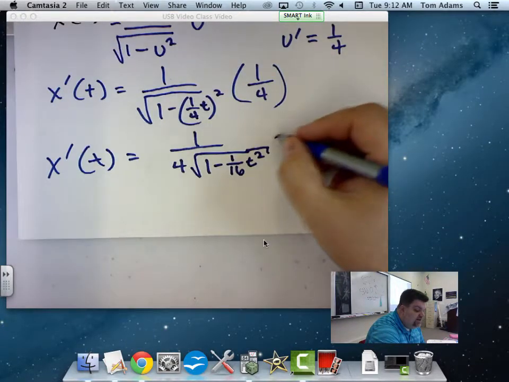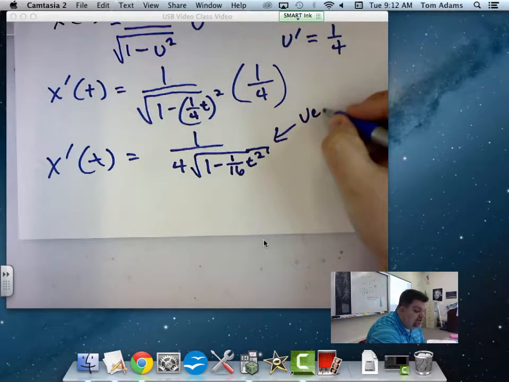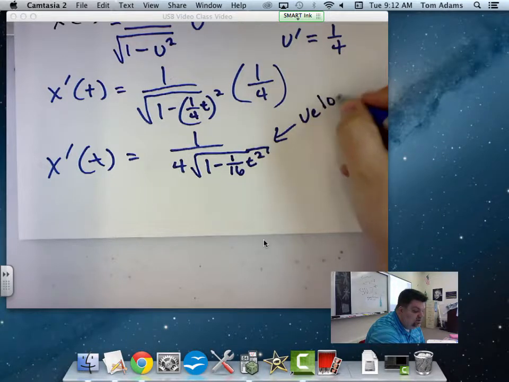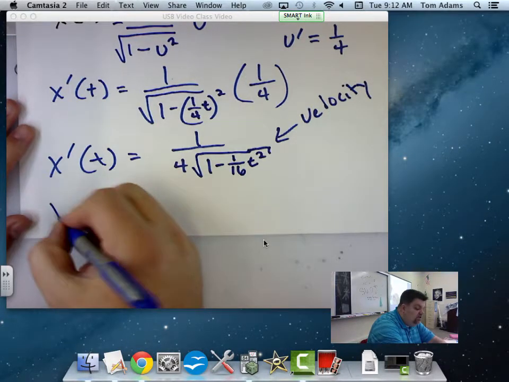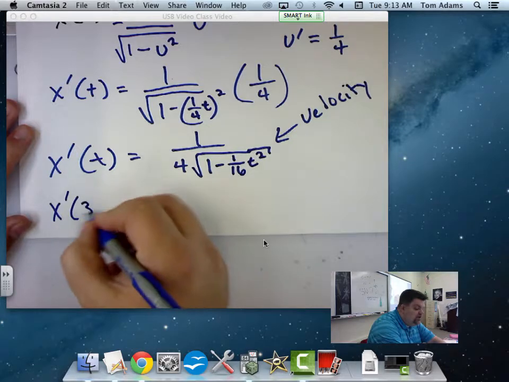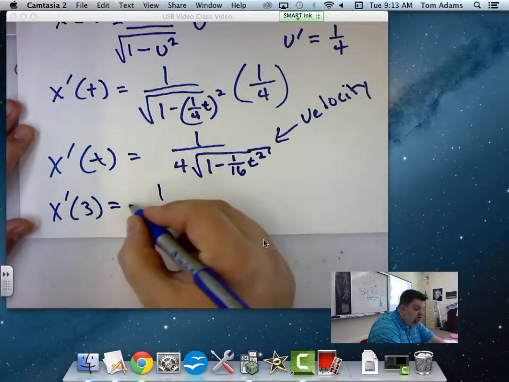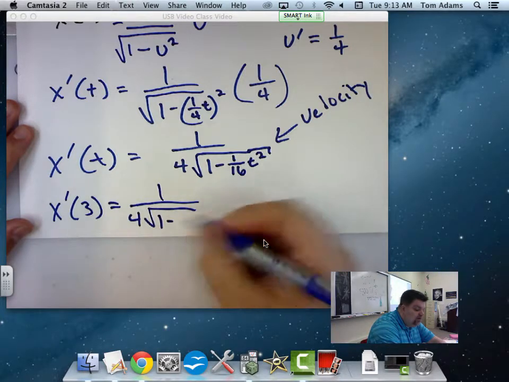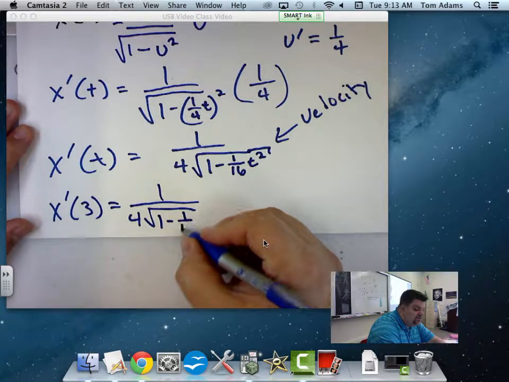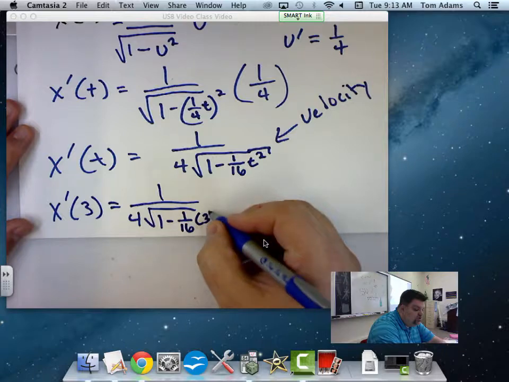But we don't need to, because really the next step is to evaluate that at 3. So what we've done is, this is my velocity equation. The derivative of the position equation is the velocity equation, and I want to know what it is when t equals 3. So I'm just going to evaluate this when t equals 3. So I'm going to say 1 minus 1 over 16 times 3 squared.